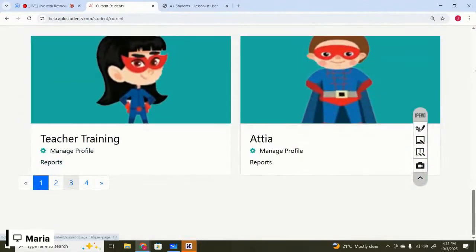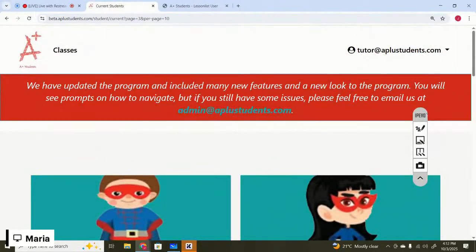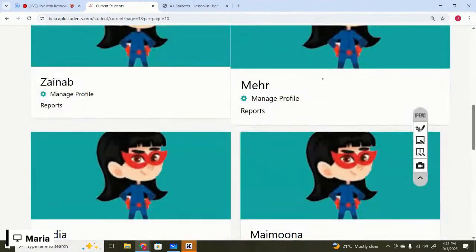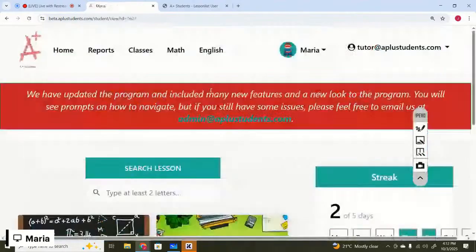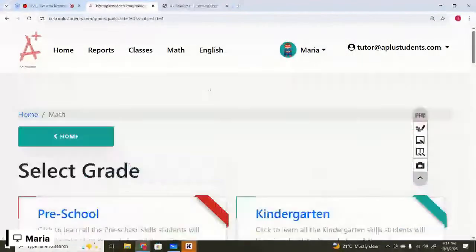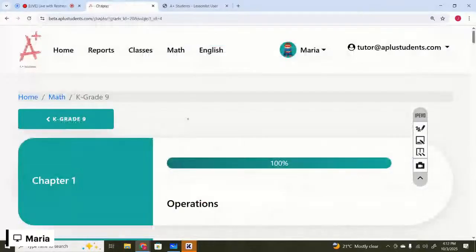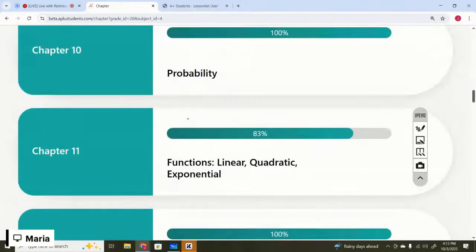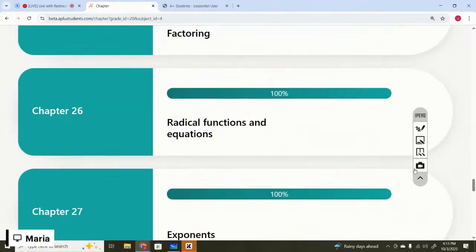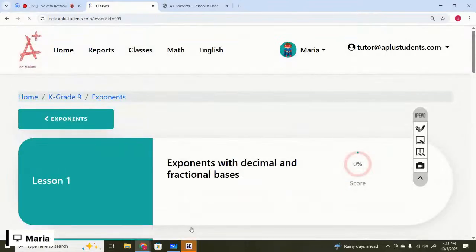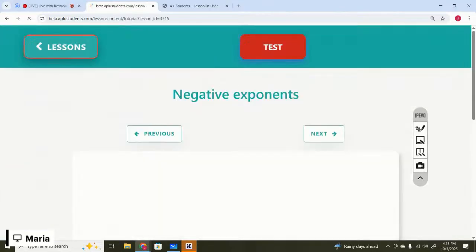Okay, so let me just go to grade 9 math. Let's start with the lesson exponents, and let's start with the lesson that is negative exponent.